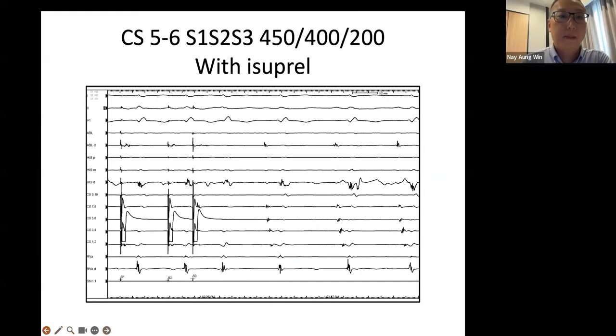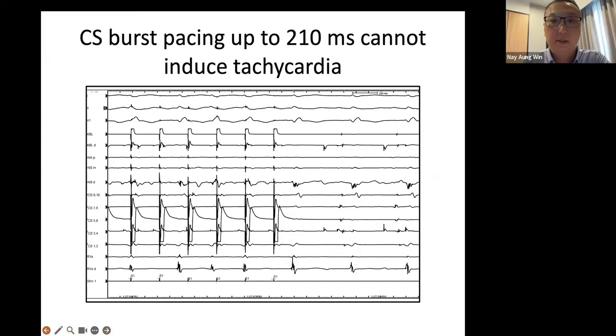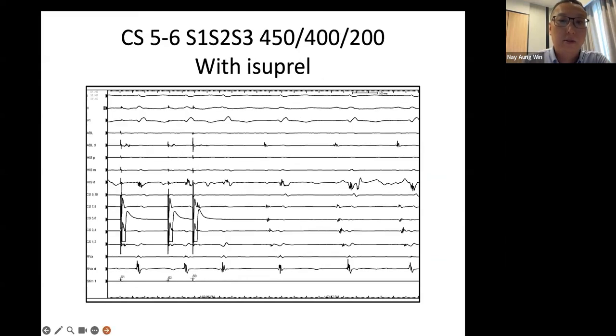So after final ablation, we performed CS pacing up to 200 and isoproterenol, 2 extra stimuli with isoproterenol after the RF. Tachycardia was not induced. Okay, thank you. And can we conclude this tachycardia?